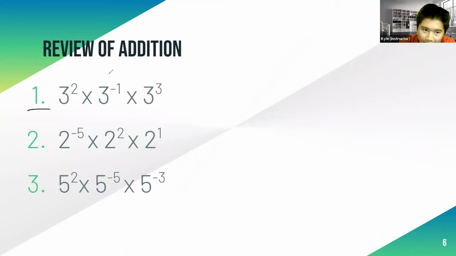By the rule of exponential addition, we can take the 2, the negative 1, and the 3 and combine them together. Once we combine them, we get 3 to the power of 4. And in this case, this would be our answer.